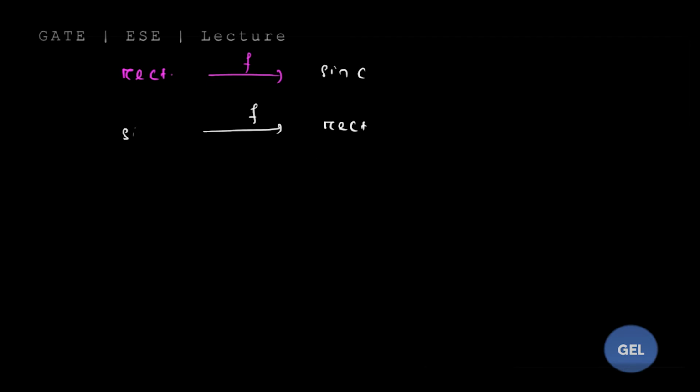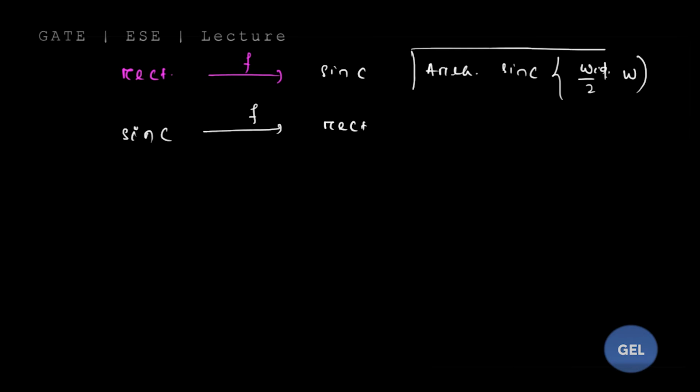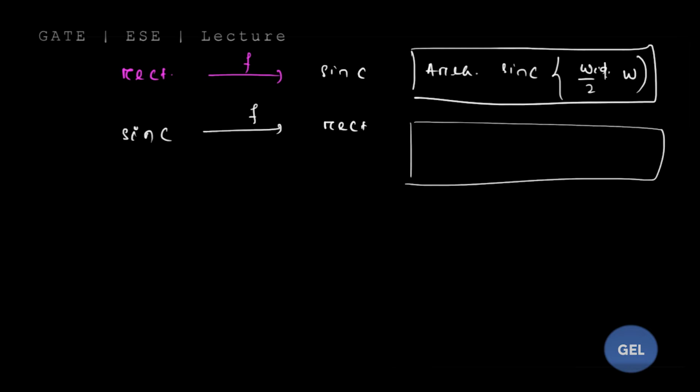Now sir, I know the formula to go from rectangular to sinc: area into sinc of width by 2 into omega. This is the formula to find sinc from rectangular. But I have a sinc function. How can I write down the formula for the rectangular function? I don't know, sir. Now you can use the duality property here.